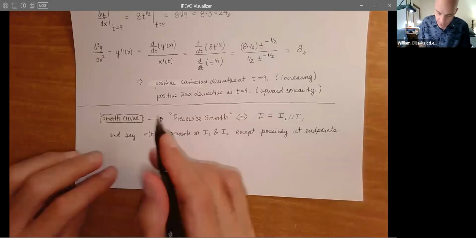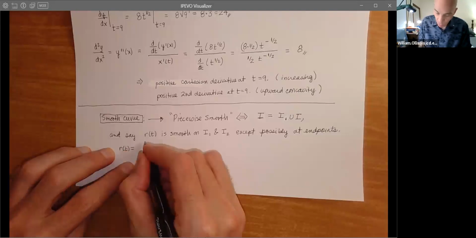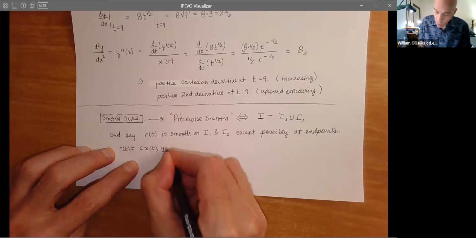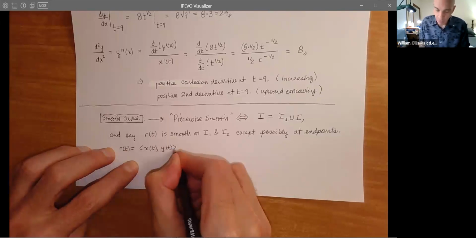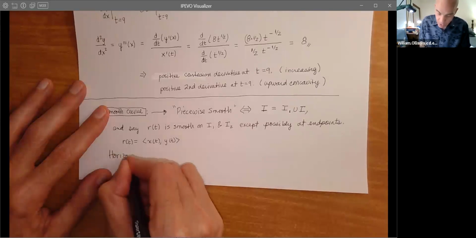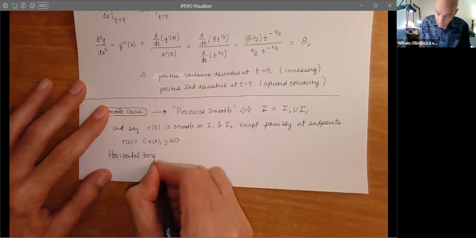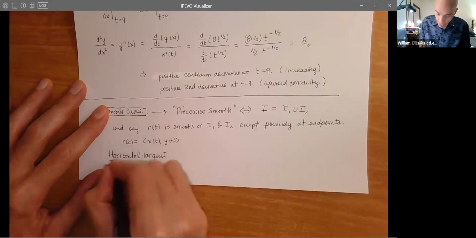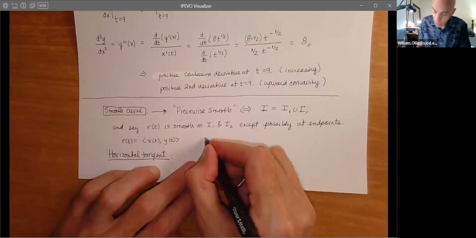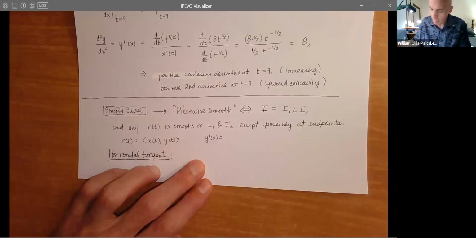So if we have this kind of condition, where would we know? For instance, if we say R of t will be x of t, y of t, like this, then when would we know that we had, say, a horizontal tangent, in the sense of the Cartesian? Well, let's just remind ourselves, the Cartesian derivative, this is really nice, some very elegant mathematics.